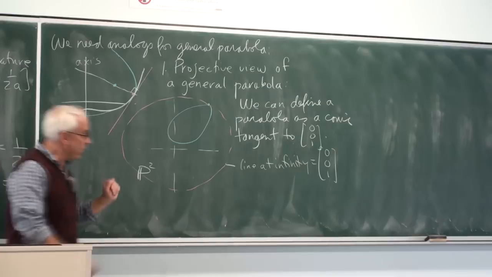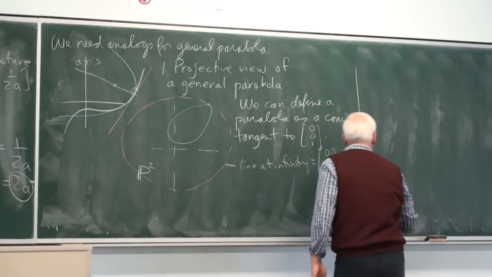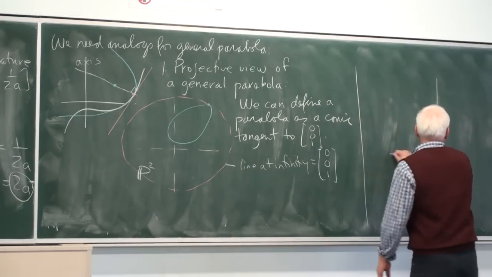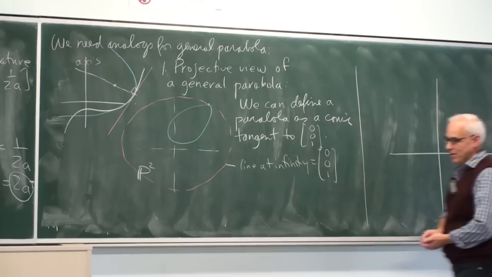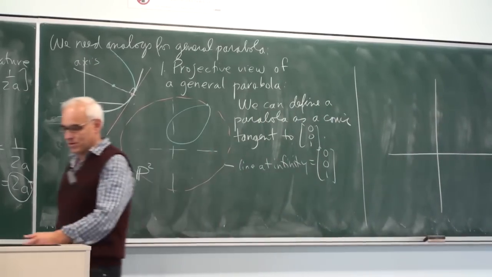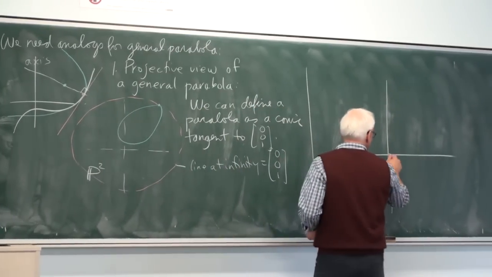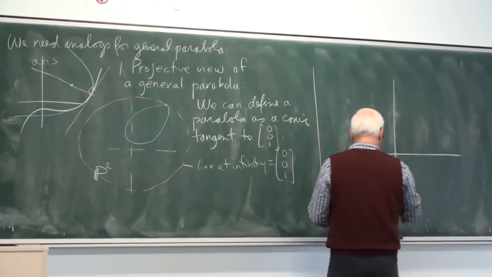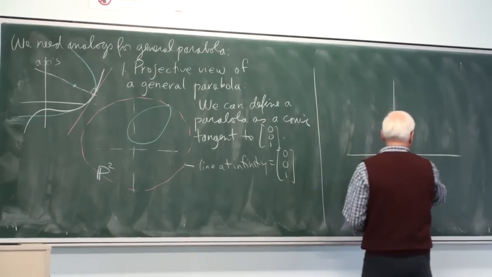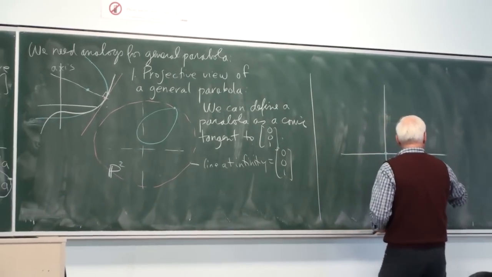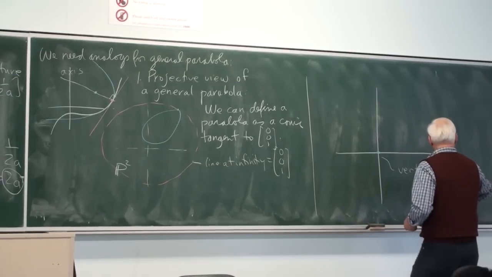And so for that we're going to want to impose another condition. We're going to look at those parabolas which also pass through the origin and have their vertex there. So we want this to be the vertex of the parabola.